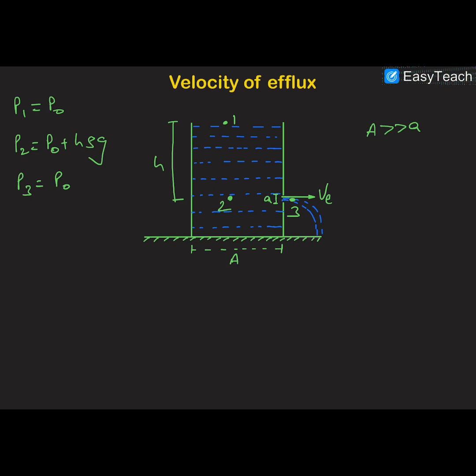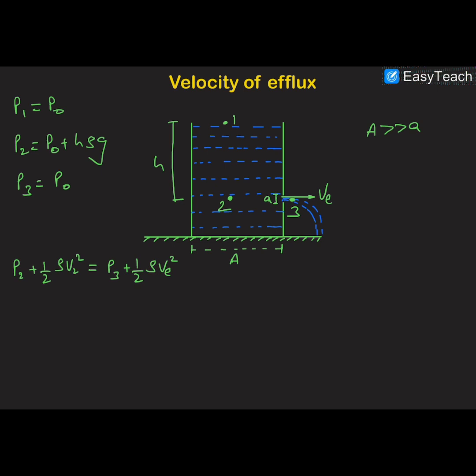So we are applying Bernoulli's theorem at points 2 and 3. We can write P2 plus half rho V2 square, where I have assumed that V2 is the velocity of liquid at point 2, will be equal to P3 plus half rho VE square, where VE is the velocity of efflux with which this liquid is coming out of the container.